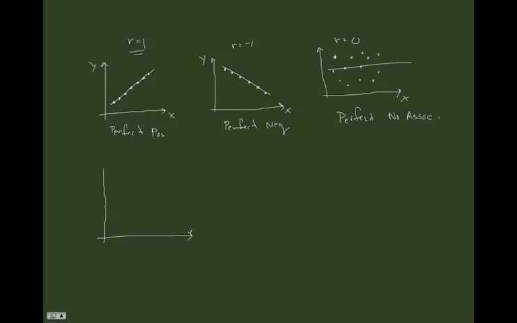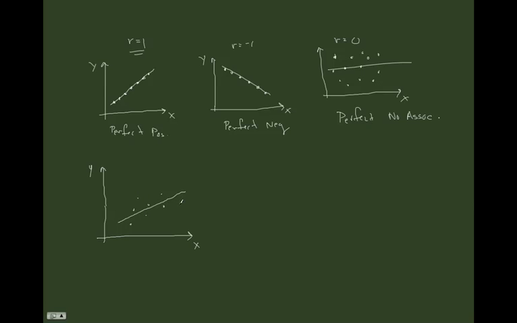Well, the first two, r equal 1 and r equal -1 exactly, never happen because in the real world, we always have this thing called variation. And what it means is that if we have a relationship, or say our p-value is indicating that we have a significant positive relationship, those points aren't going to be exactly on a line.